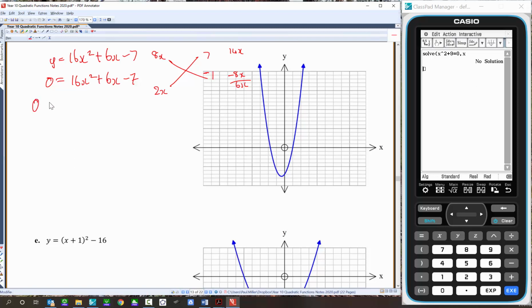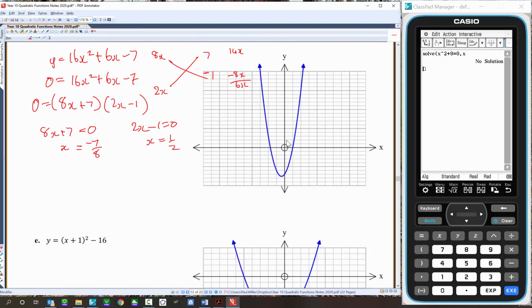Yes, winner. 0 equals 8x plus 7, 2x take 1. All right, let's use the null factor law. All right, so there's our first x-intercept. When x is equal to negative 7 on 8, the y value is 0. And this is our other one.